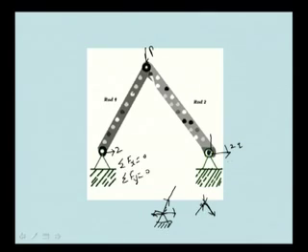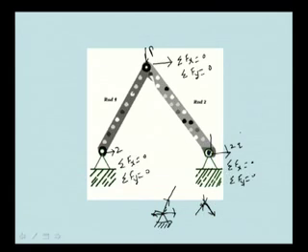Similarly here, sigma Fx equal to 0, sigma Fy equal to 0, and this is at this point. Here also you can find sigma Fx equal to 0, sigma Fy equal to 0. So there are basically 6 equations, and how many unknowns?